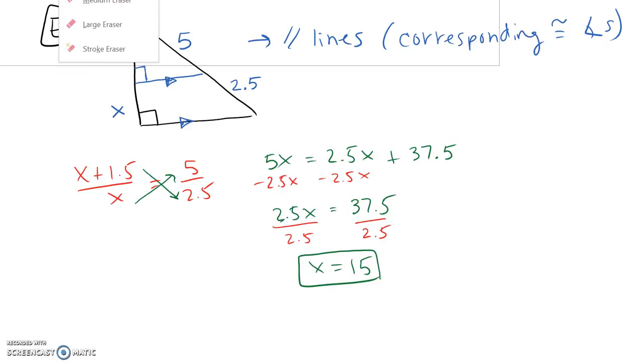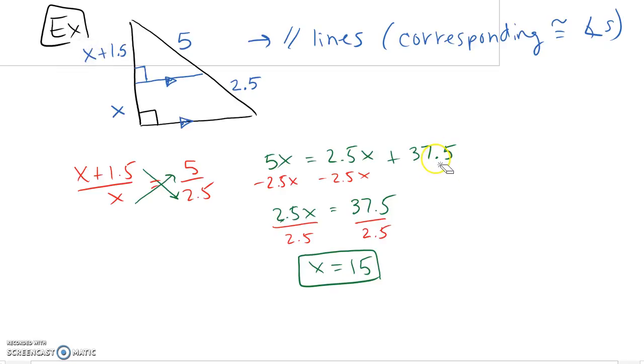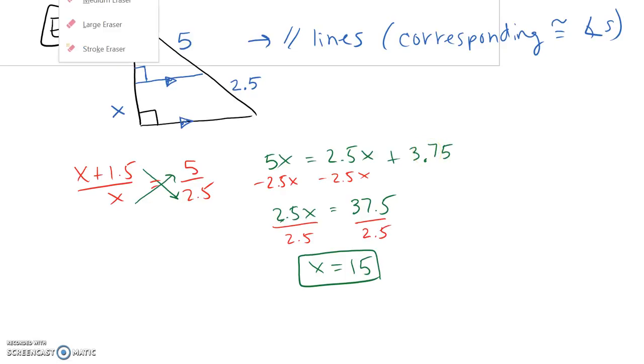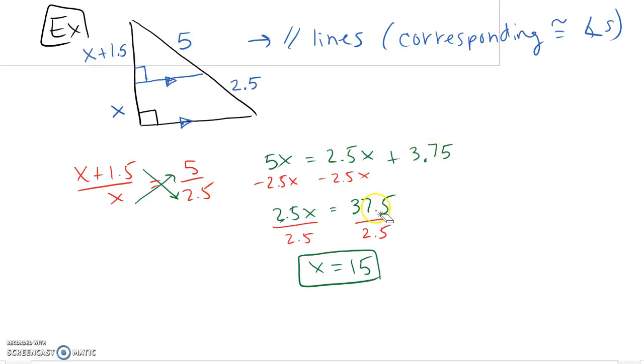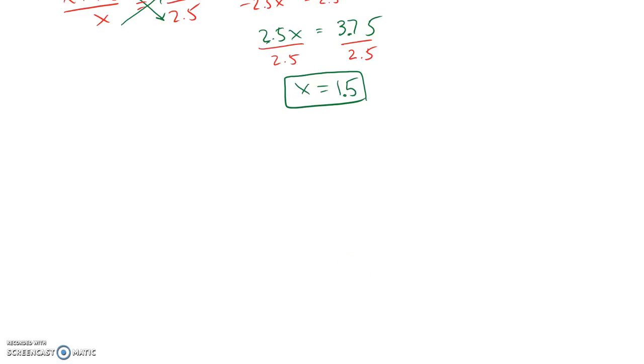That decimal place is not in the right spot. That's what I get for doing mental math. That should be 3.75, not 37.5. 3.75, which would give me 1.5. There we go. Sorry. All right, so one more example.